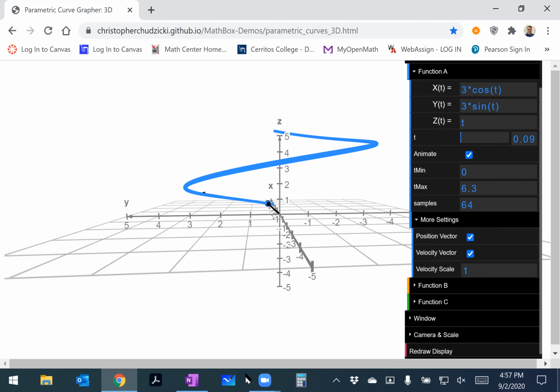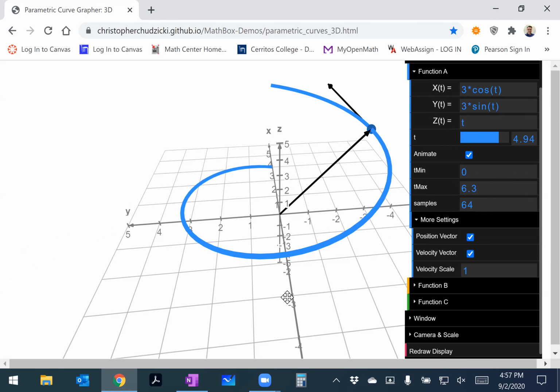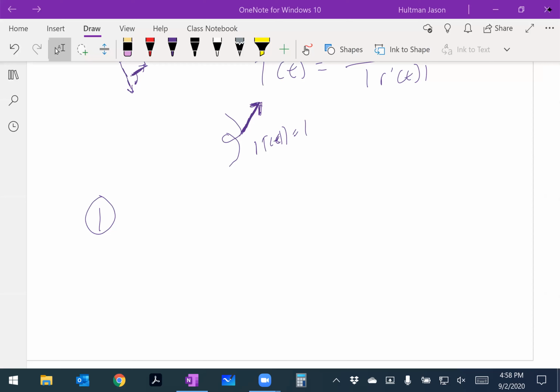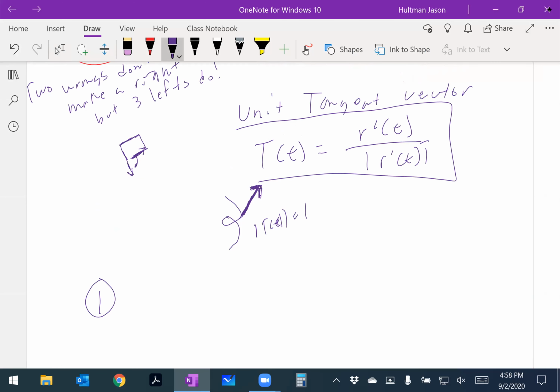Does that help? Whoosh. It's going in the direction of motion, that tangent vector, so we think of it as the velocity vector. But I'm getting ahead of myself. A unit tangent vector is of length 1. The magnitude of that is 1 because we're creating it as a unit vector.